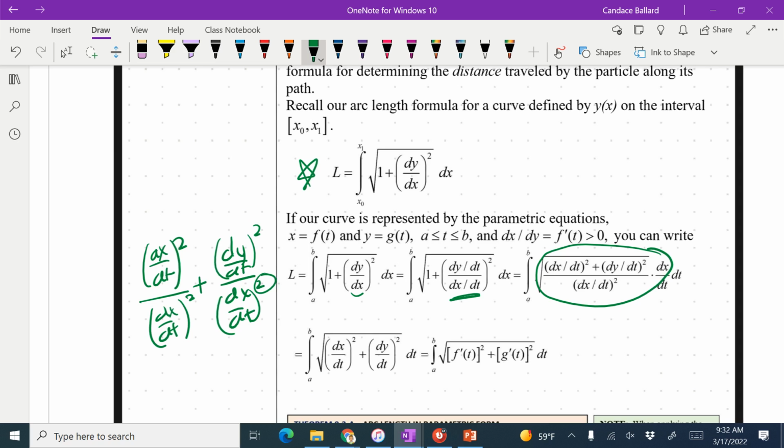But I can't tell where they canceled. dx/dt, dx, dy/dt, because they've got the dx/dt somehow came out of the denominator. Oh, because there's a dx/dt out here. They canceled with that dx. So see this extra dx/dt out here? That's where it came from. So they had an extra dx/dt, and that ends up canceling with this in here.